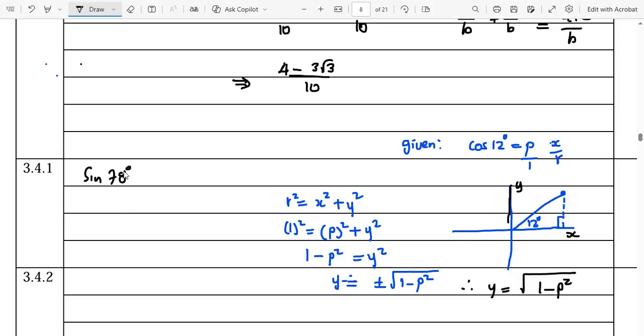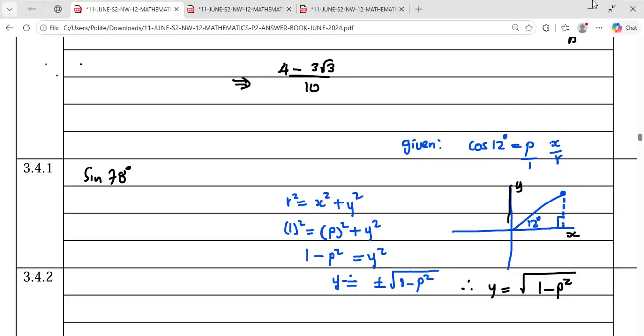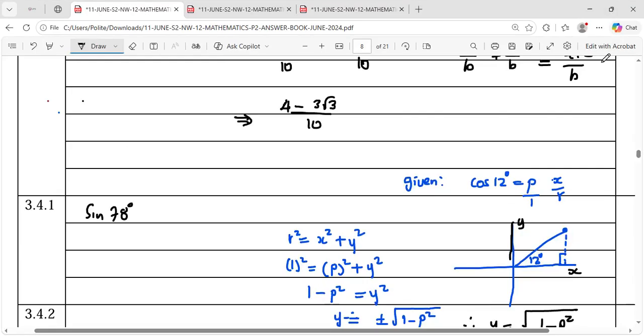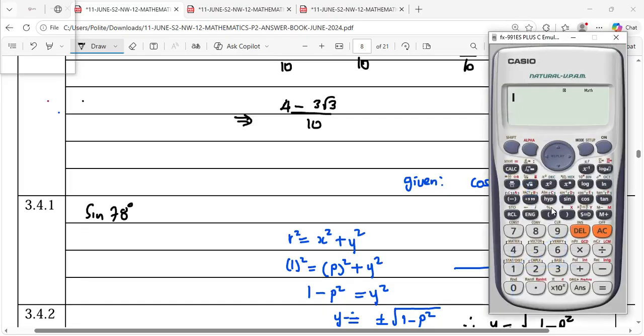So if this is sine 78 degrees, I'm going to check if I can reduce that 78 degrees to, can we reduce that 78 to at least that 12 degrees? Let's check if this is possible. I'm going to use my calculator: 90 minus 78, and look at the answer, 12.